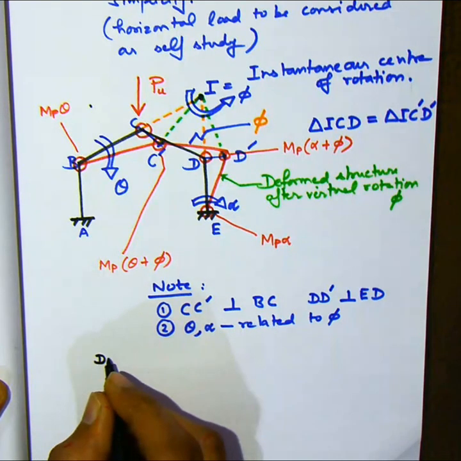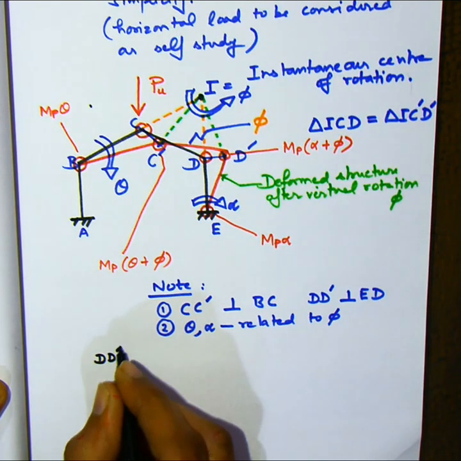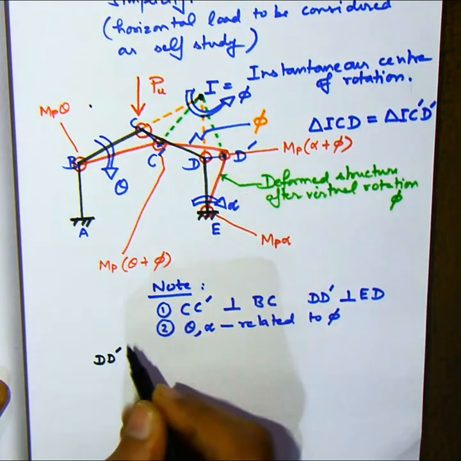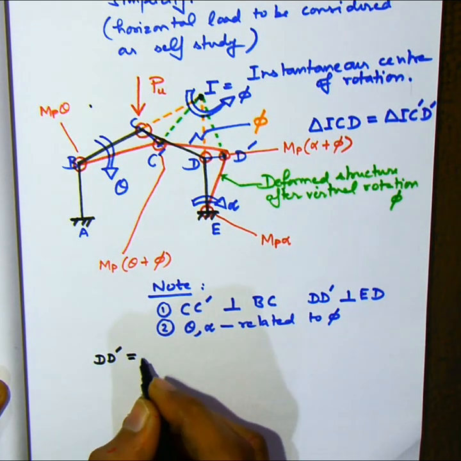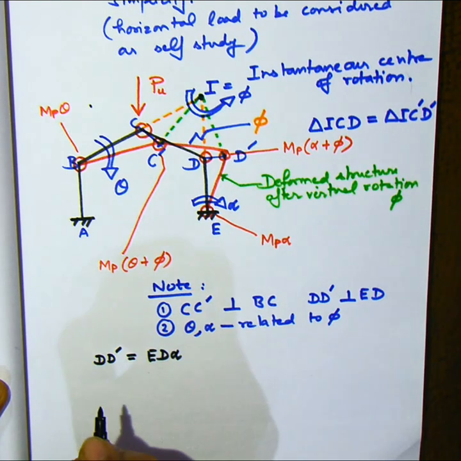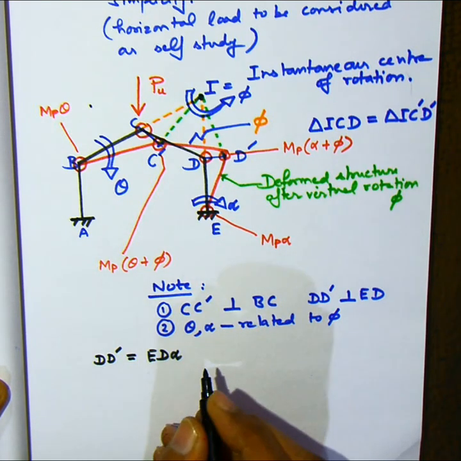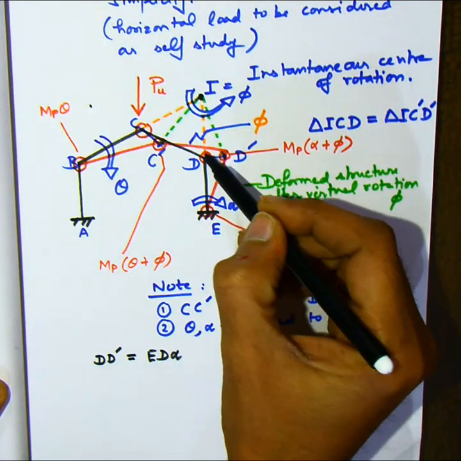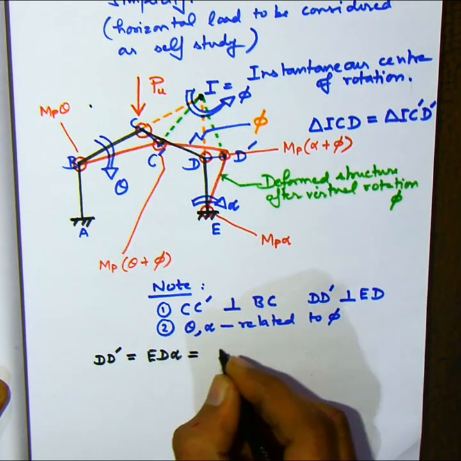So DD dash is equal to ED into alpha, that is the arc length, and this is also equal to ID into phi. Alright, so this gives us a relationship between alpha and phi.